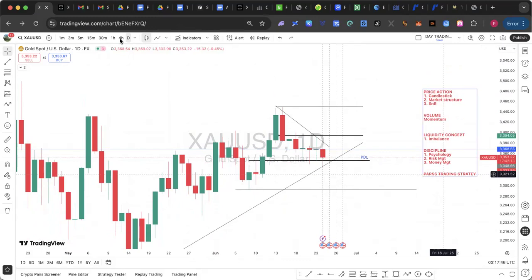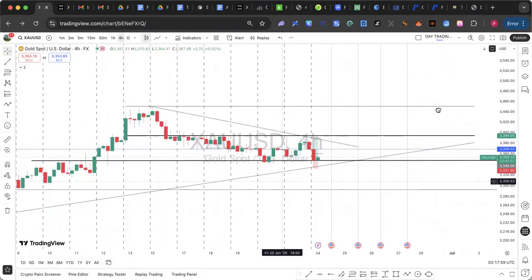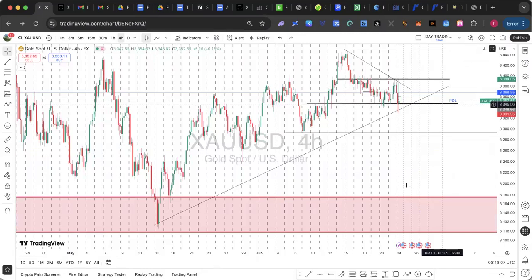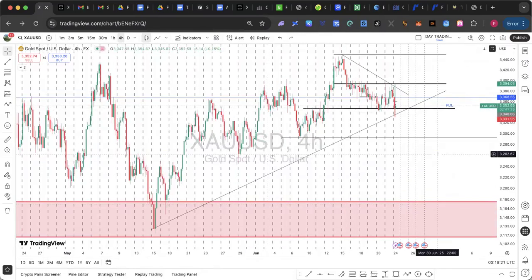Now this market is actually in an uptrend. You get it? Yeah, it's actually an uptrend. This is a massive pullback, or it's creating a swing. So this is an uptrend.